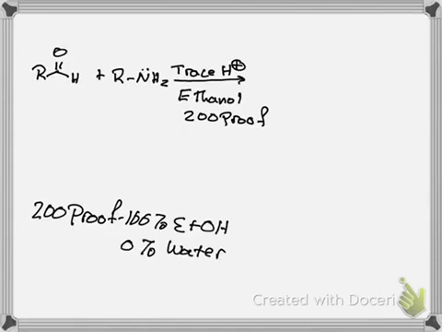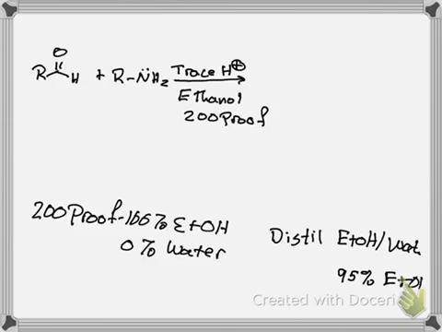You cannot get this through distillation. When you distill an ethanol water mix, what you end up with is 95% ethanol, because the ethanol and the water azeotrope.